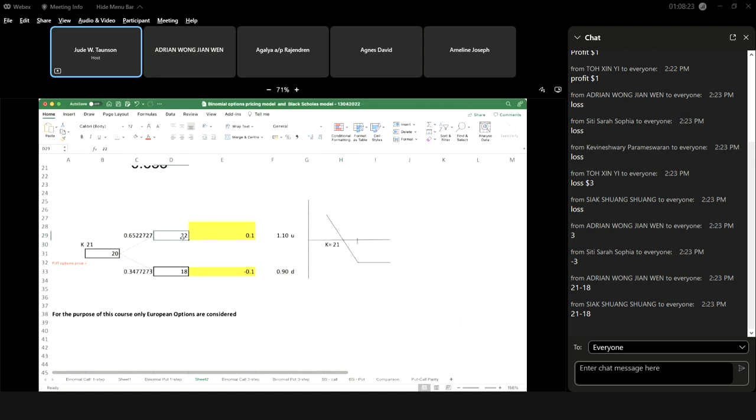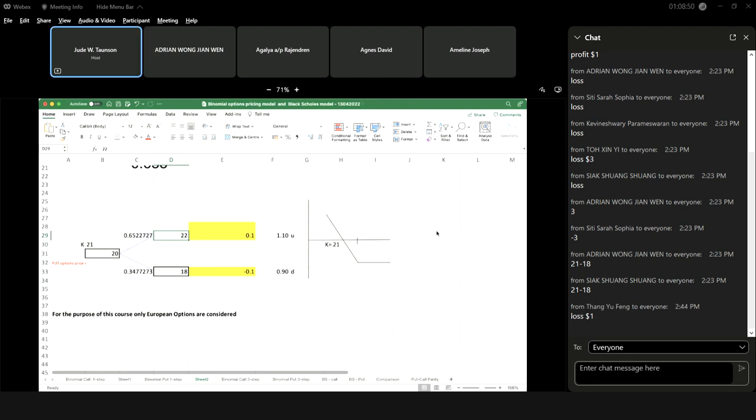Are we making profit or loss? By looking at this diagram. Anyone? Loss, Tang Yufeng. Correct. Loss, negative. But it cannot be negative, so we put 0 because the contract will become worthless. So we put 0 here.